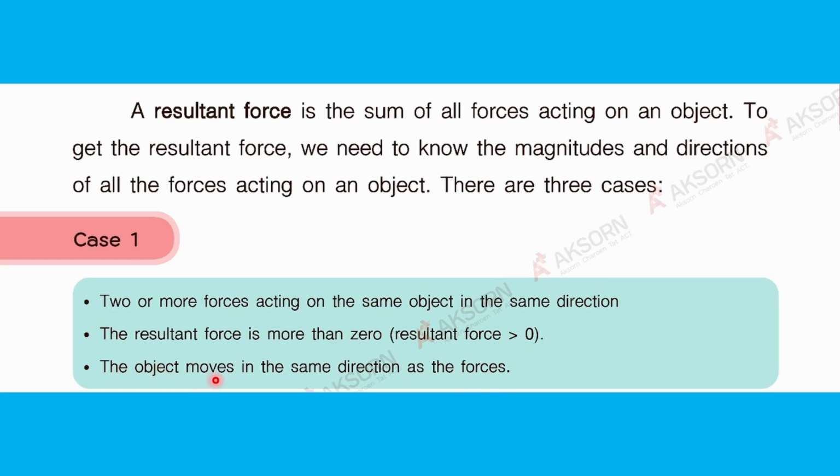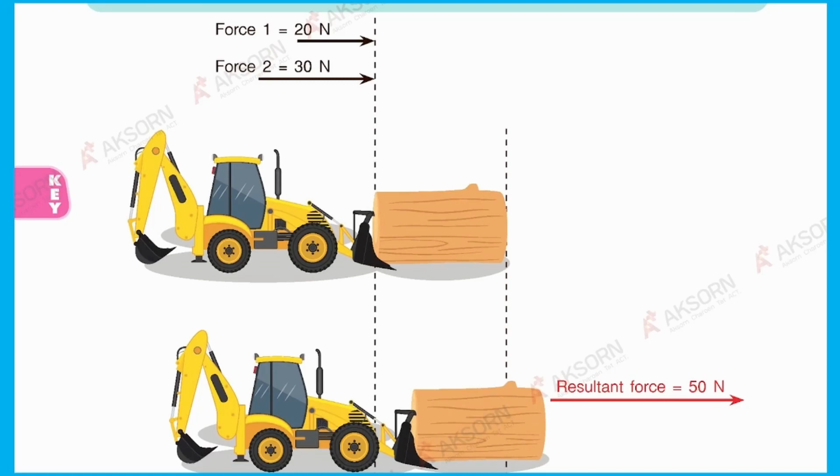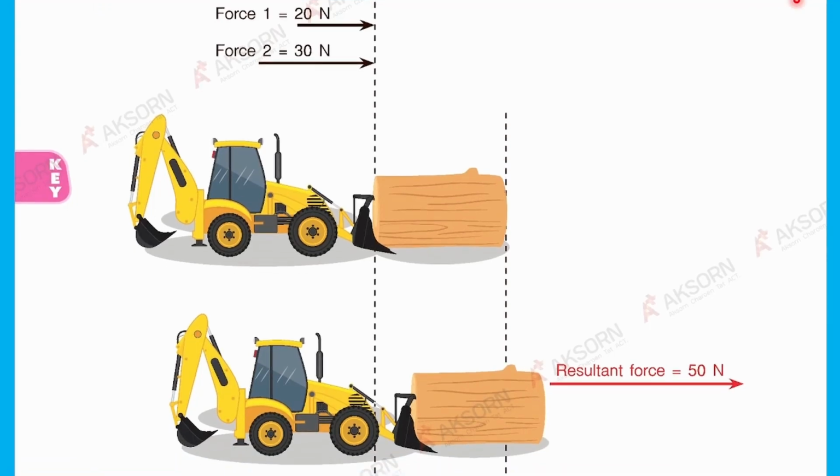The object moves in the same direction as the forces. Force 1 equals 20N. Force 2 equals 30N. Resultant force equals 50N.